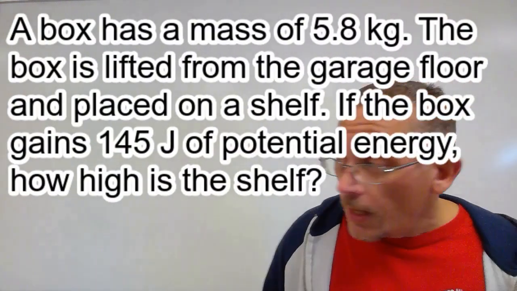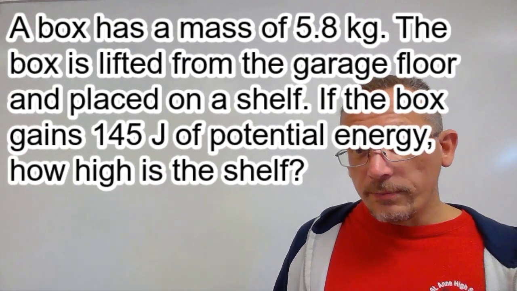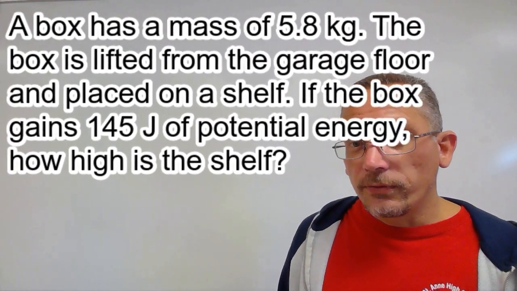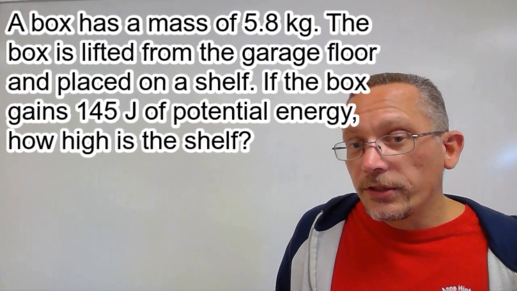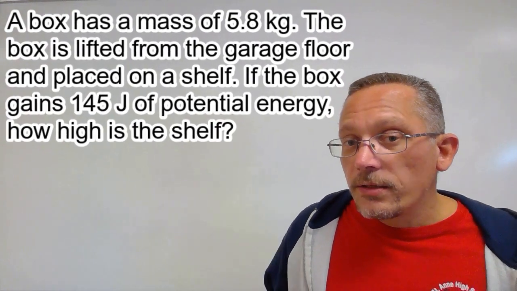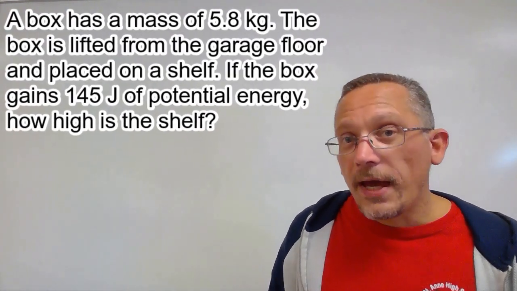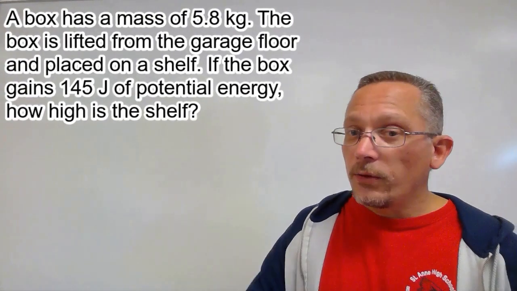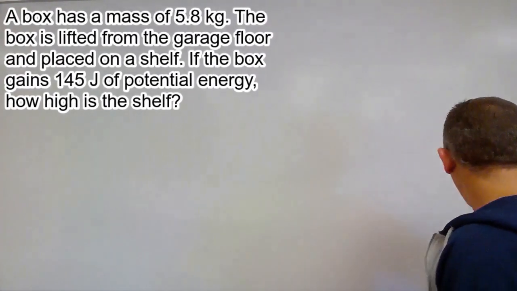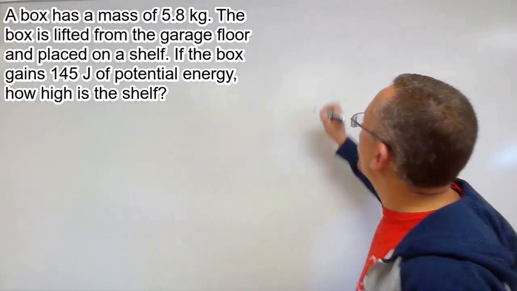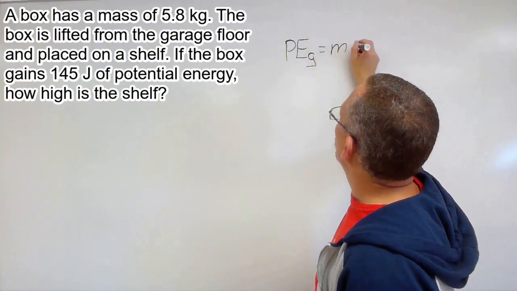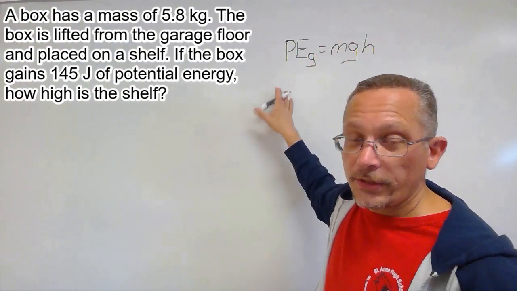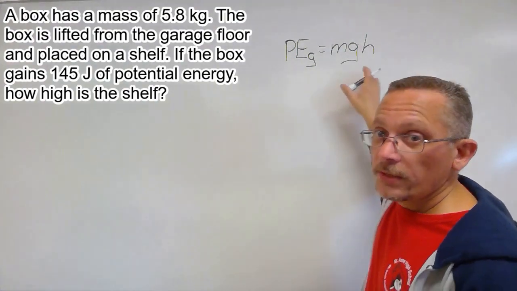Let's have a look at a problem dealing with gravitational potential energy. A box has a mass of 5.8 kilograms. The box is lifted from the garage floor and placed on a shelf. If the box gains 145 joules of potential energy, how high is the shelf? It's given me the potential energy and the mass, I know g, and it wants me to calculate the height. So we're going to use the equation: potential energy from gravity is mass times g times the height.